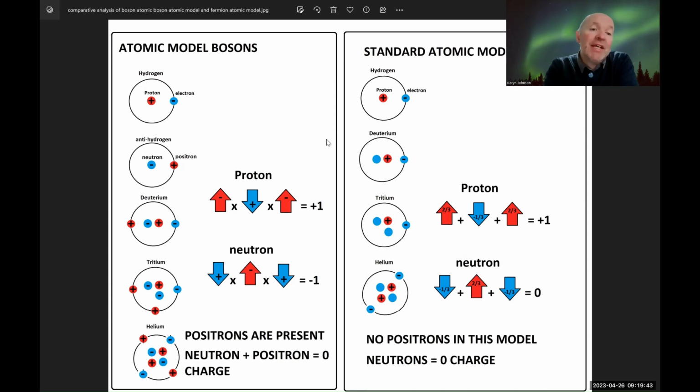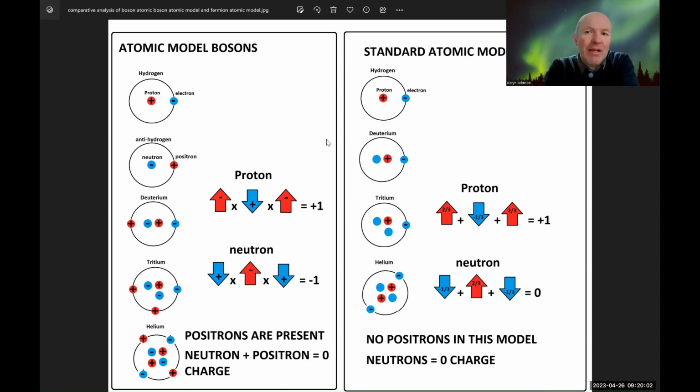And we see in helium here, in the bottom left-hand corner, that helium contains 2 protons and 2 neutrons, so the overall inner charge is 0.